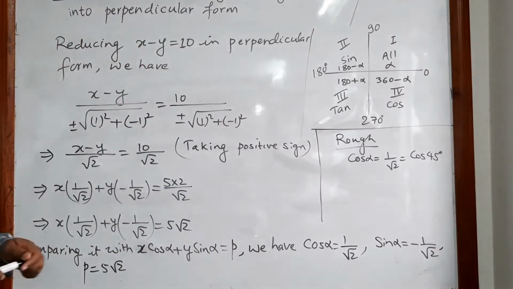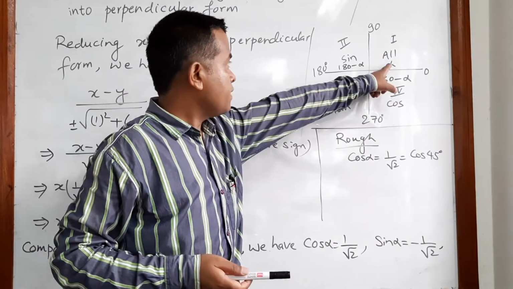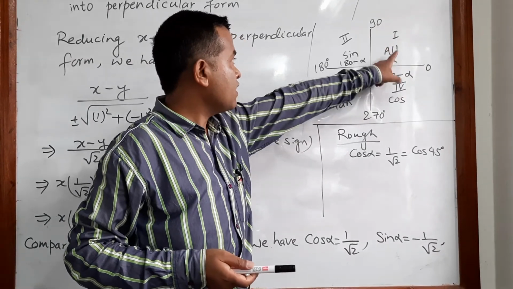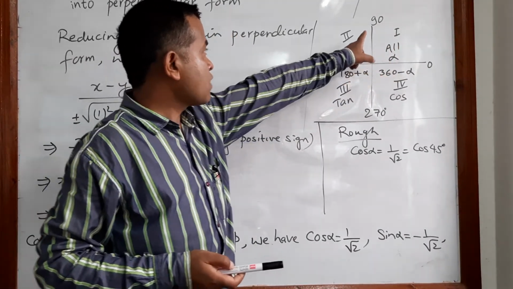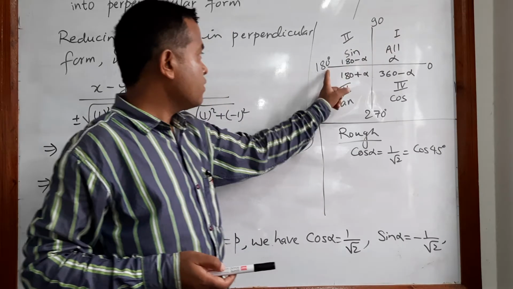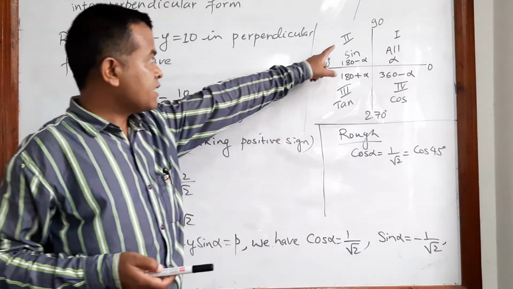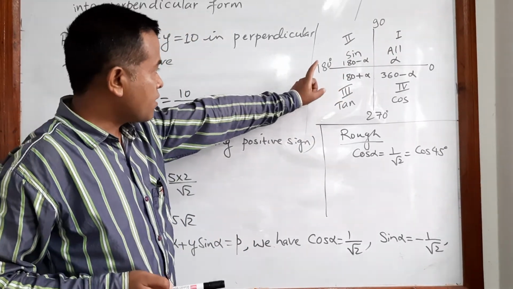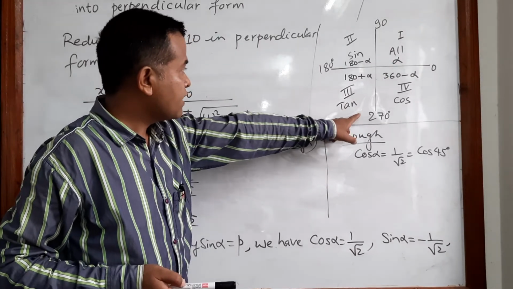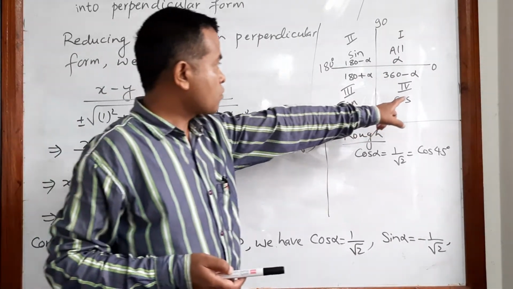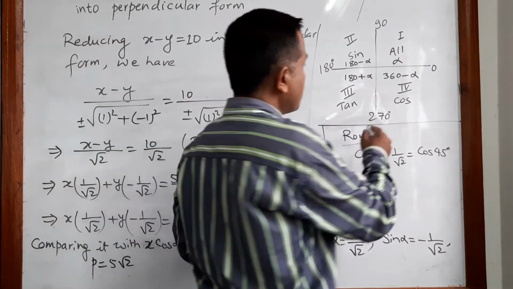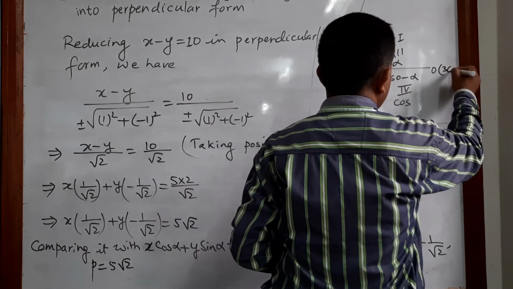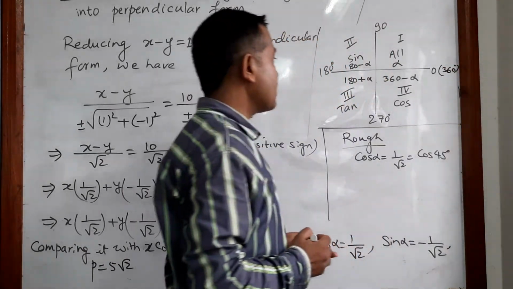And our quadrant rule is, in the first quadrant from 0 to 90 degree all are positive. In the second quadrant, from 90 to 180 degree, sin is positive. In the third quadrant from 180 to 270 degree, tan is positive. And the fourth quadrant is from 270 degree to 360 degree, only cos is positive.